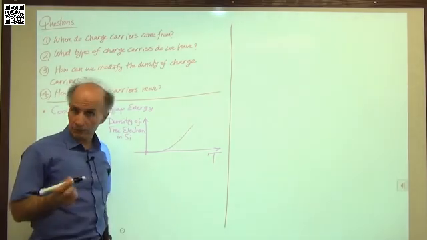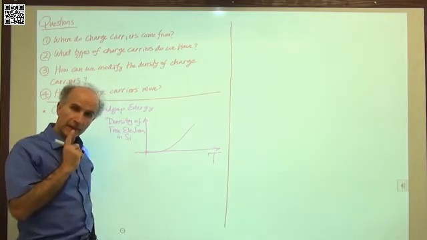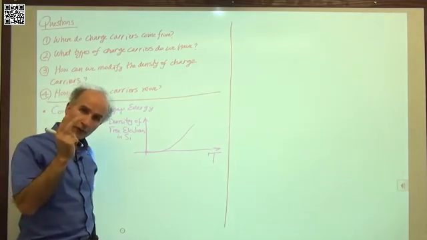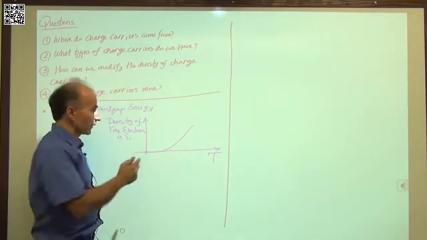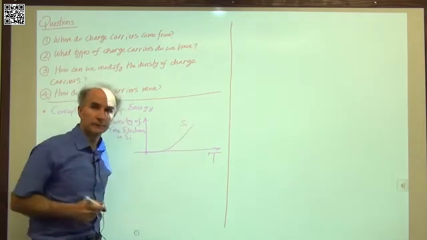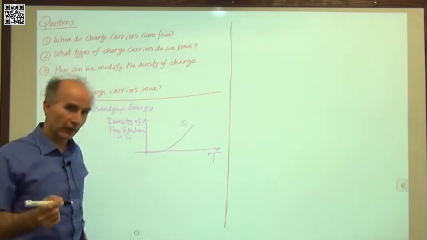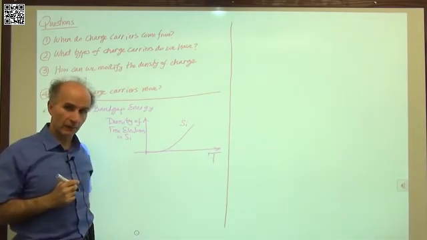Okay, so that's fine. But something interesting happens if we study two different types of elements. For example, let's say this is for silicon. Silicon has 4 electrons in its outermost shell, and it has this type of behavior.